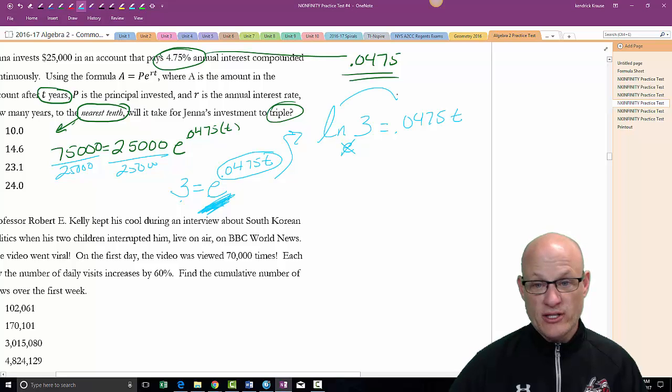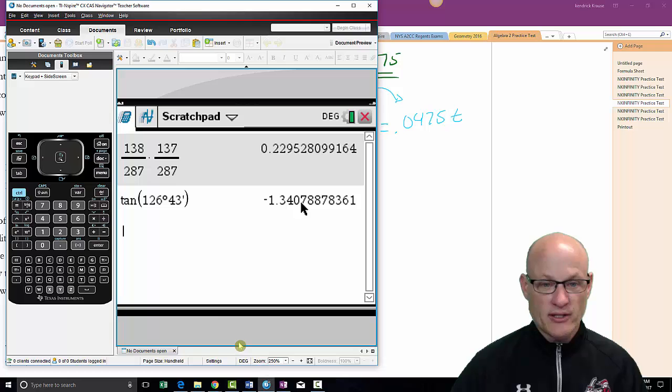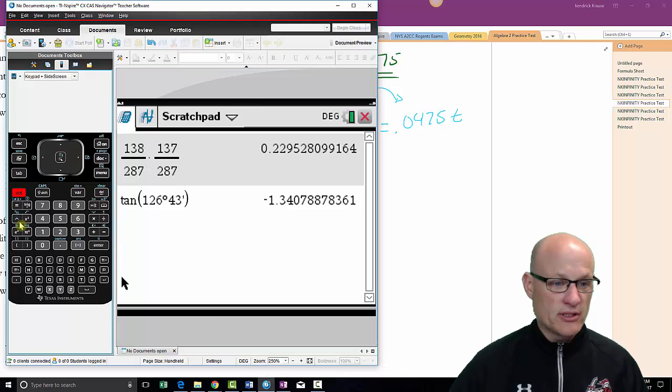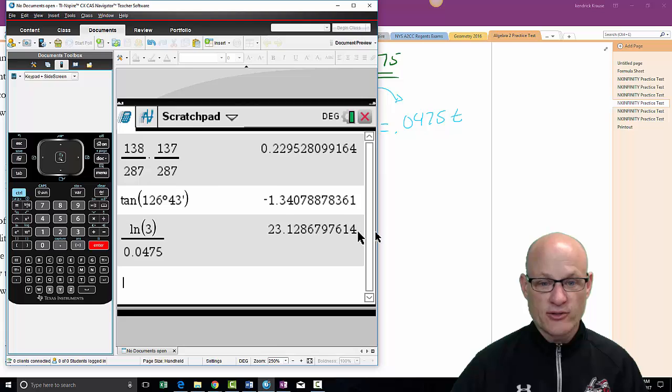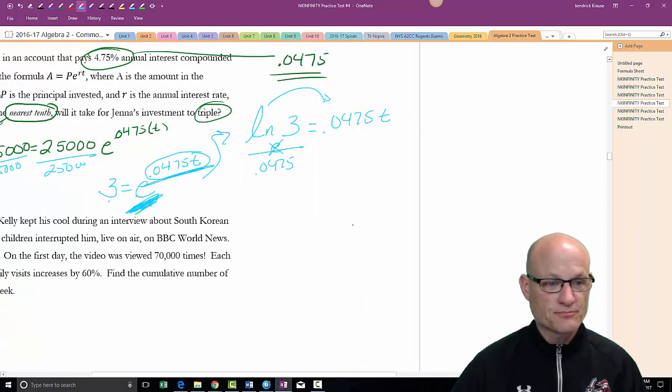So you see how that log's equal to the exponent? Here's my exponent. And then I'm going to divide by 0.0475. So I'll go to my calculator: natural log of 3 divided by 0.0475. I hit enter. I get 23.1.